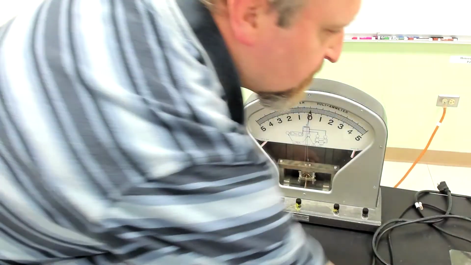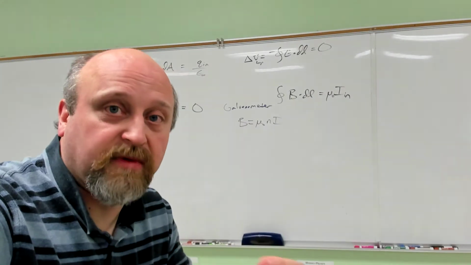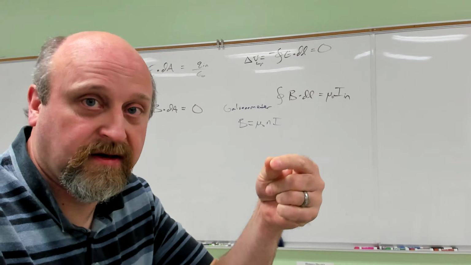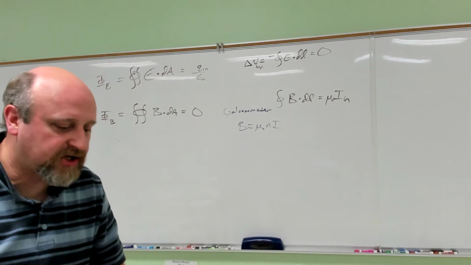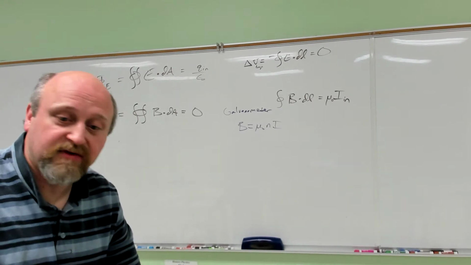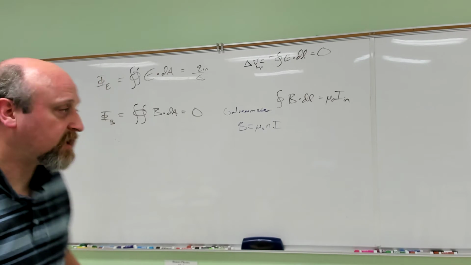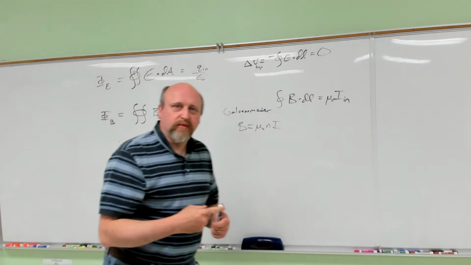Okay, good enough. So what matters is not just the fact that we're changing the number of field lines. What matters is how quickly we're changing the number of field lines. In other words, the rate of change of, what do you call the number of field lines? The flux. The rate of change of magnetic flux through that loop of conductor makes a voltage that goes around that loop.